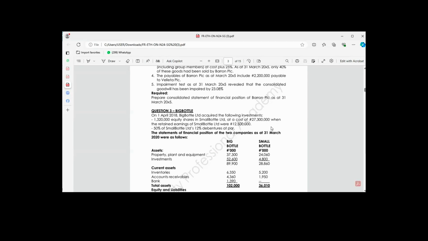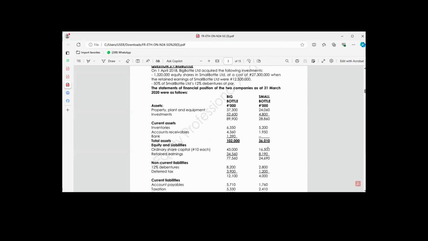Don't forget, the first account is the parent. The second one is the subsidiary. In subsidiary account, I need the numbers of shares at 100%.